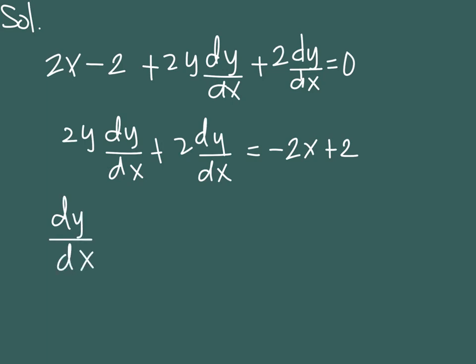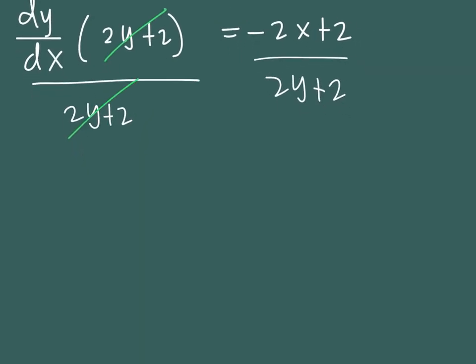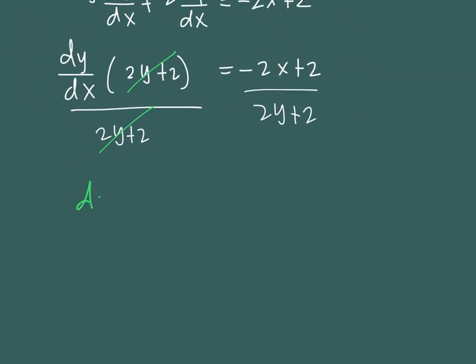So this is always the pattern: 2y plus 2 and then equals negative 2x plus 2 divided by 2y plus 2, and then you have 2y plus 2. So cancel. Dy over dx is, okay, let's write it first. 2x plus 2, 2y plus 2.